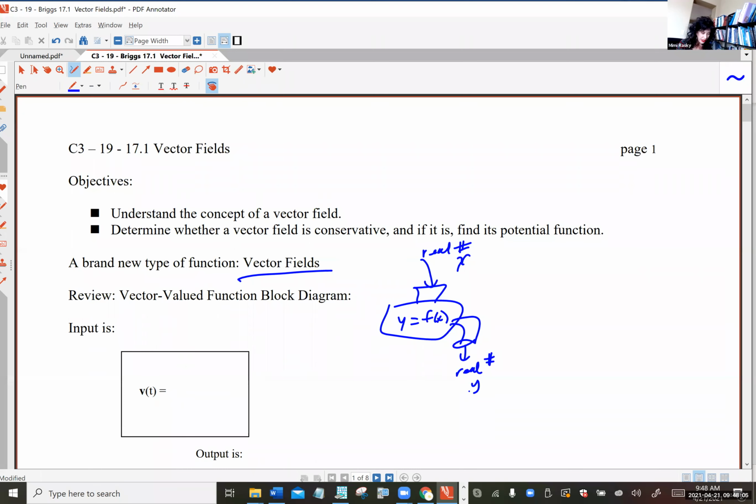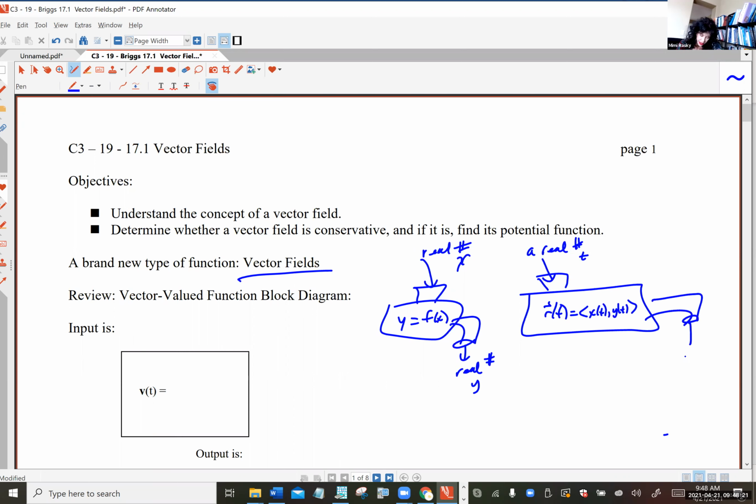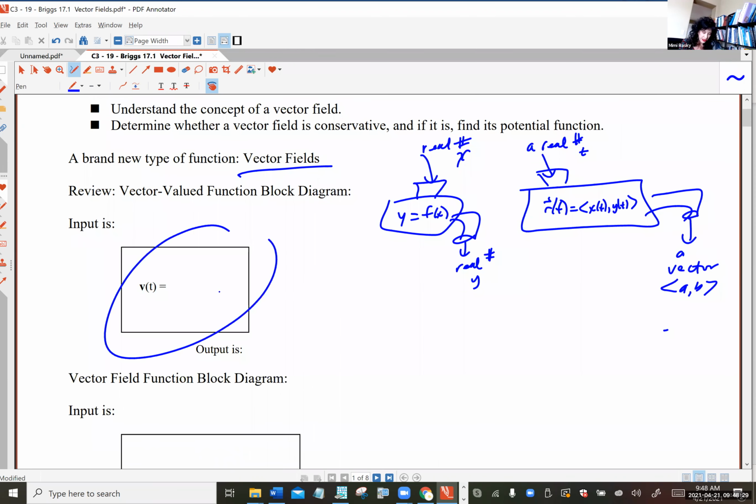Okay, that's basic. Then one thing we did when we studied the module on vector valued functions, let me remind you, because it's going to be on the final. What do you feed it? You feed it a real number, t, and then the output is a vector. In this case, since I just did a two-dimensional vector field, it'd be a two-dimensional, say, constant vector like that.